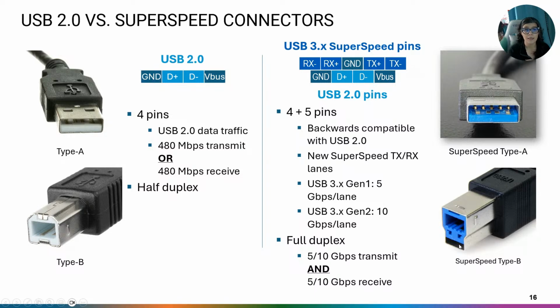If you had an older computer with a USB 2.0 port, you would not be able to put this super speed type B connector in it. And that is because on the type B connectors, as well as your micro connectors, your minis, and all of those, they added a little bit of extra space in there to house those additional pins.